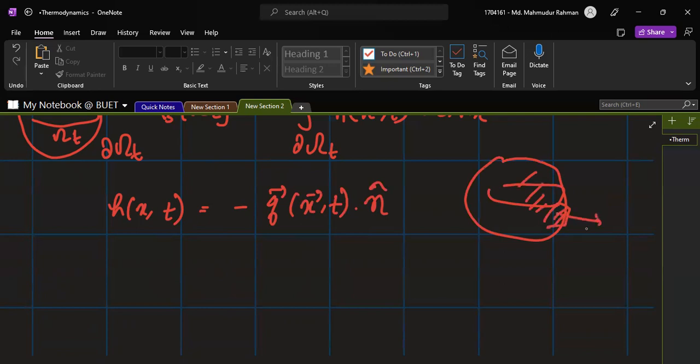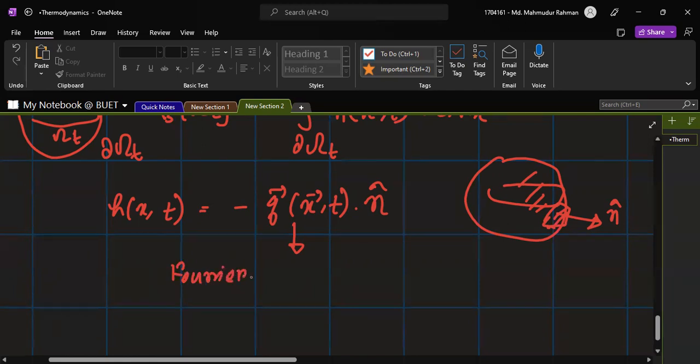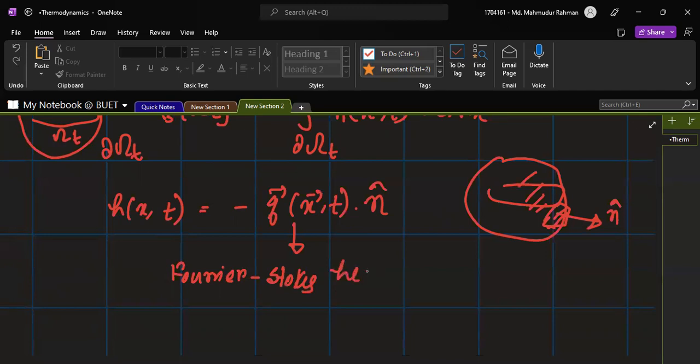This is a surface, and it has this unit vector n. This vector quantity is called the Fourier-Stokes heat flux vector in configuration space Bt.